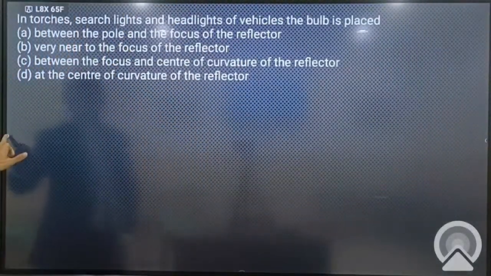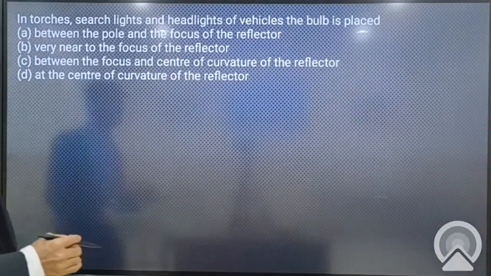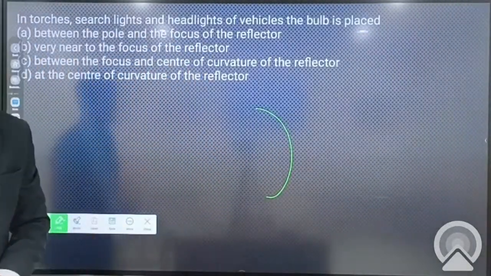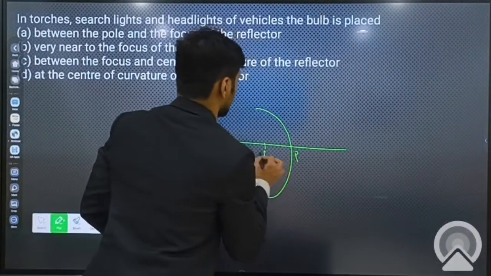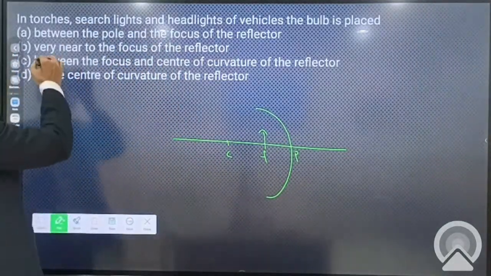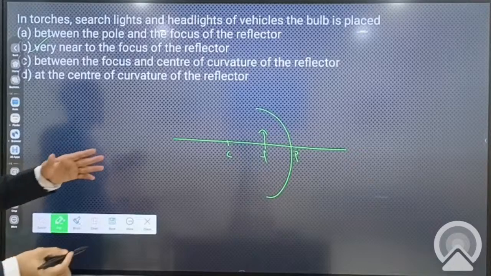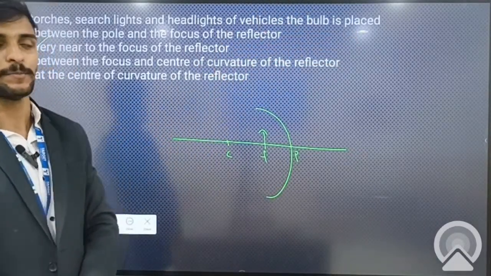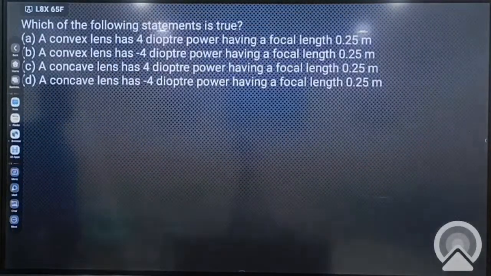We know if the object is at focus, the image is formed at infinity. Clear? So we can choose the option very near to the focus of the reflector. Then the light will travel to an infinite distance. Clear? Okay. Next one.